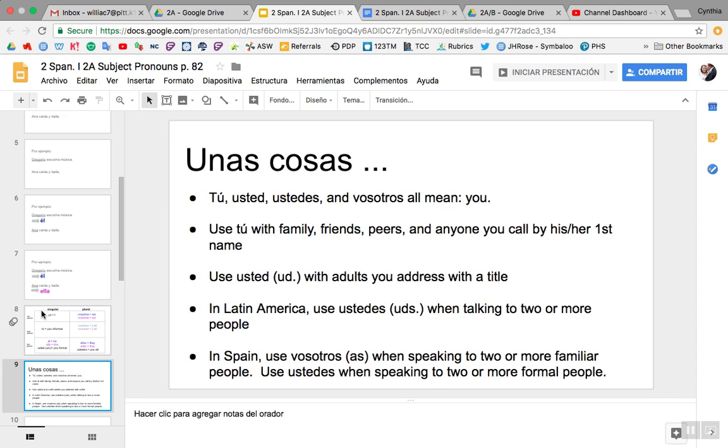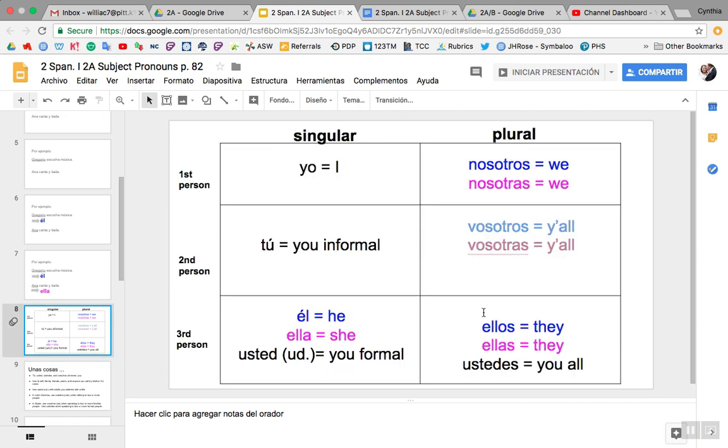And let me go back and point out something about this. Y'all, if you're in a place where y'all, vosotros, is being used, then this is the very informal way of saying y'all, like if you're referring to your friends. However, now this is only if you're in a place that uses vosotros. If you're in that place and you say ustedes, ustedes means y'all, but formal.